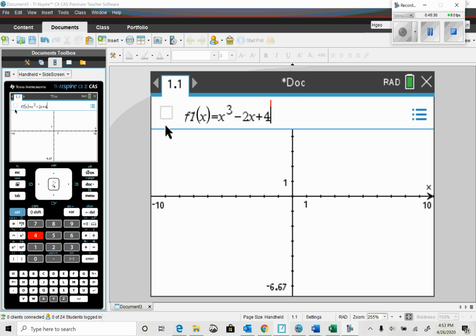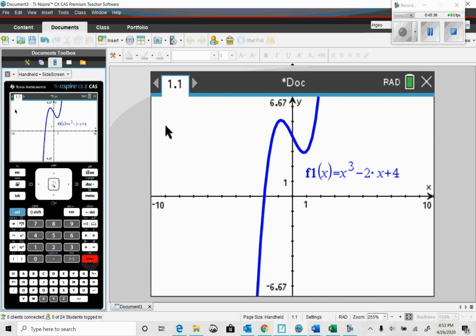All right, so how does this all look together here visually? So our function was x cubed minus 2x plus 4. And again, a lovely cubic function there. It changes directions twice. Only one x-intercept, that's interesting, rather than three.